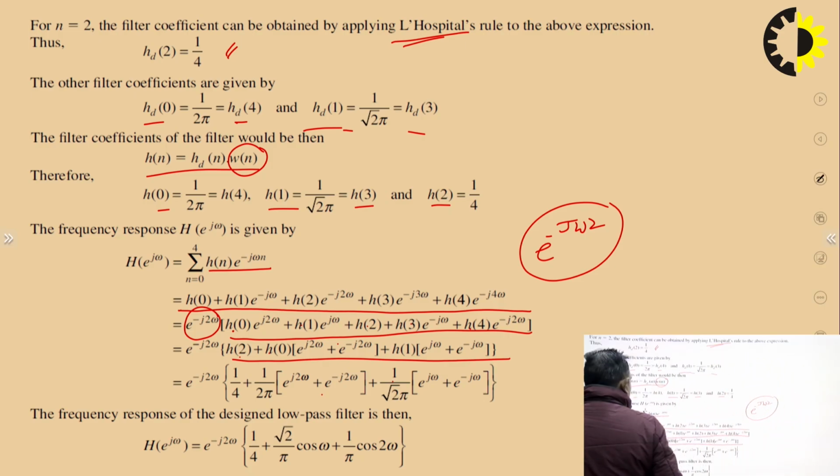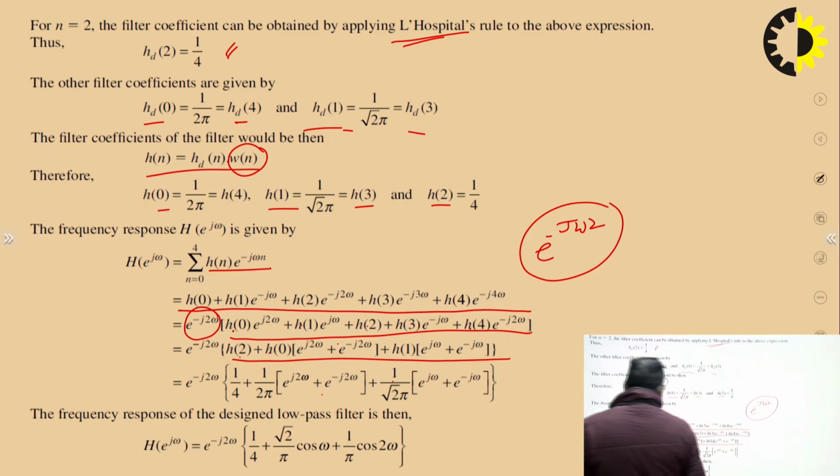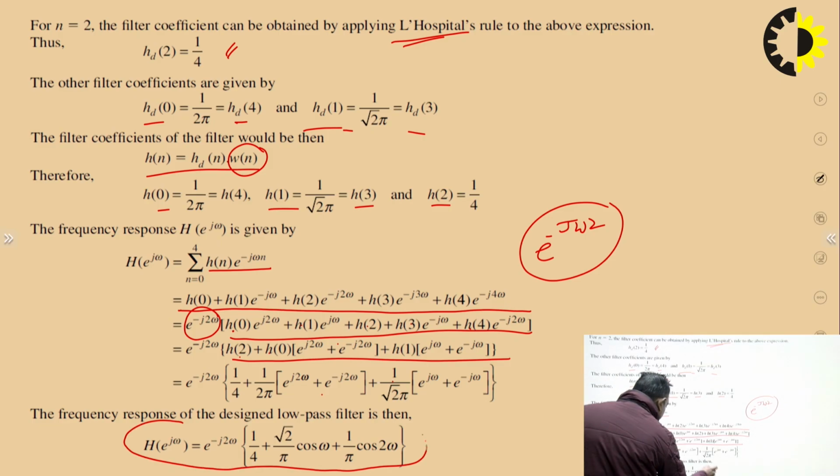This is cos 2 omega plus j sin 2 omega plus cos 2 omega minus j sin 2 omega, so it will become 2 cos 2 omega. So you will put 2 cos 2 omega over here and 2 cos omega over here, and when you solve it, you have the frequency response of the desired filter like this.